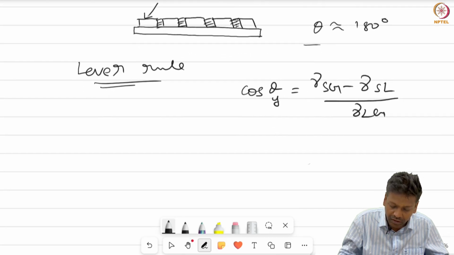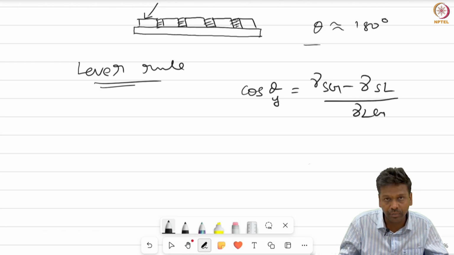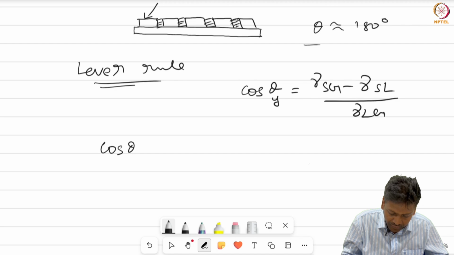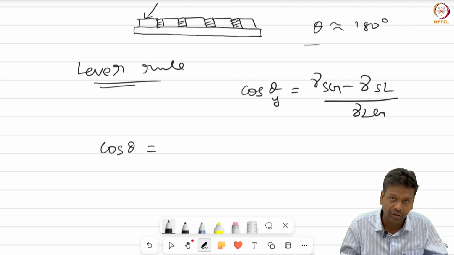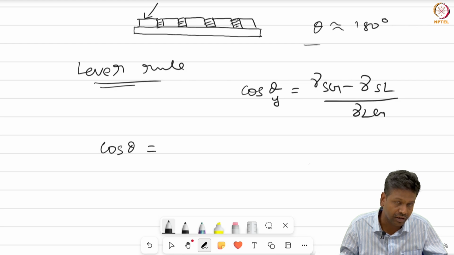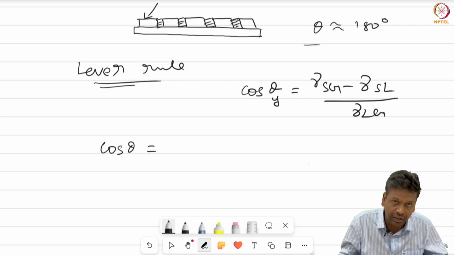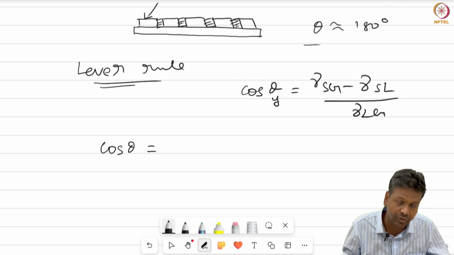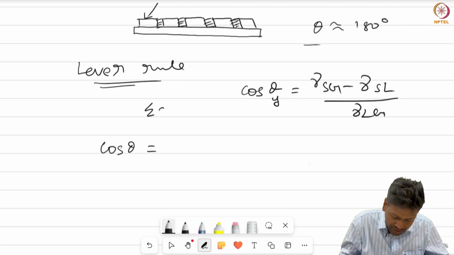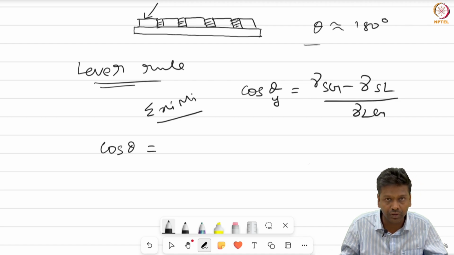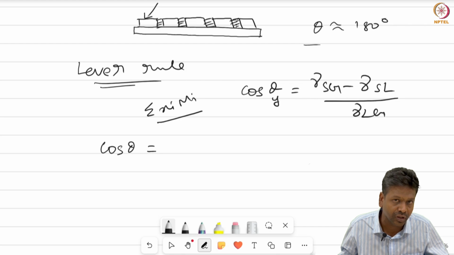So we know that the same theta will not be applicable here. Whenever we want to measure a property, whenever we deal with a mixture or a combination of several properties, in such a case we use the lever rule, which is something like mole fraction times the particular property corresponding to the particular compound.